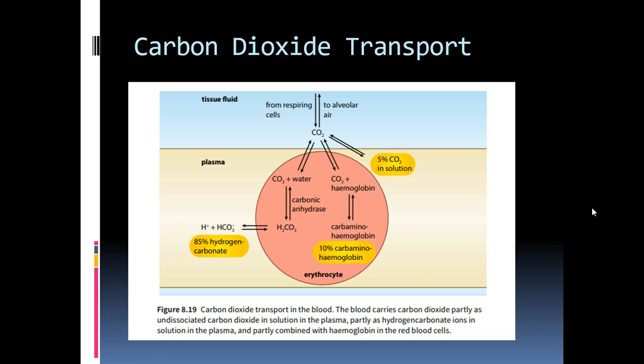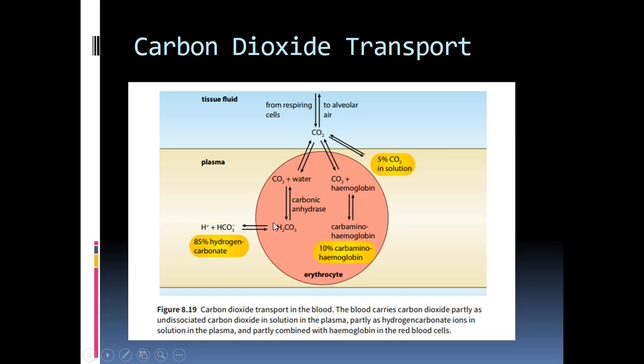I think the diagram here sums up everything that you need to know. If you look at this diagram, you can see that some of the carbon dioxide released by the respiring cells will move into the blood vessel and then go into the RBC, where it combines with water molecules. With the help of an enzyme known as carbonic anhydrase, it will form carbonic acid.